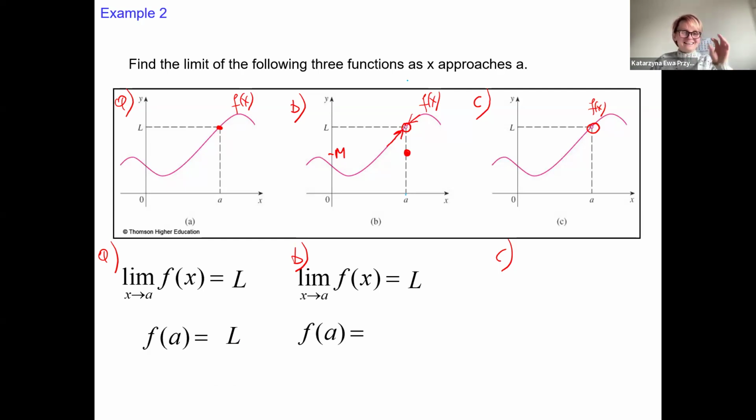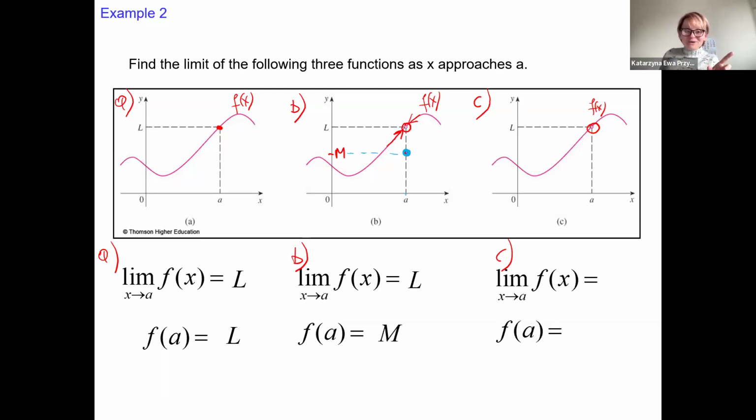If it's intersecting the function, this is the value. When I draw a line, I can see this is the intersection. That means the value is actually M, because we do have that solid dot. And now the limit. Maybe I was supposed to put a more solid, bigger dot.